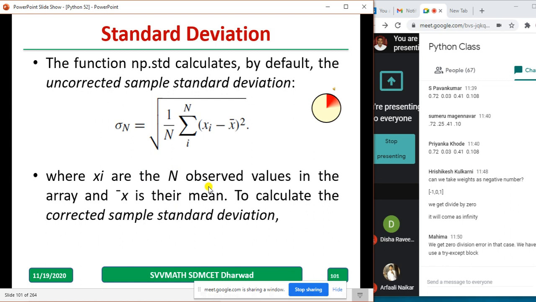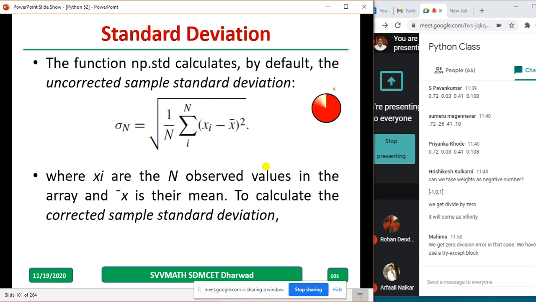Where xi are the n observed values in the array, x bar is their mean, to calculate the corrected sample standard deviation. Equation you can go through. Otherwise, at least remember we have a function which can be used to find out a corrected standard deviation and an uncorrected standard deviation. Now, both I am going to show you. A small difference will be there in the answer. Depending upon the requirement, you can use it.